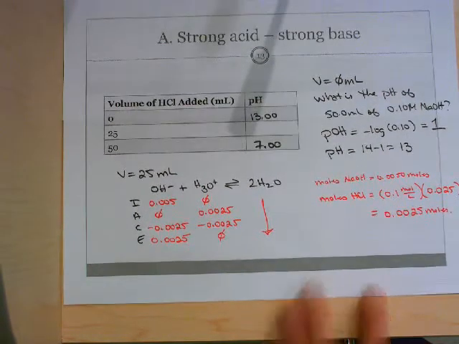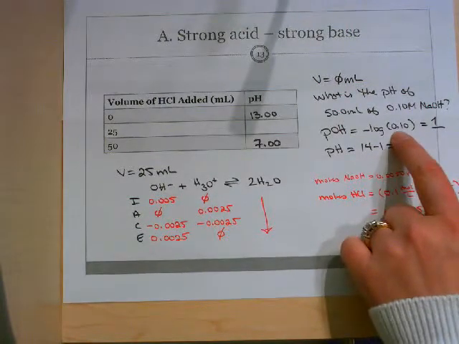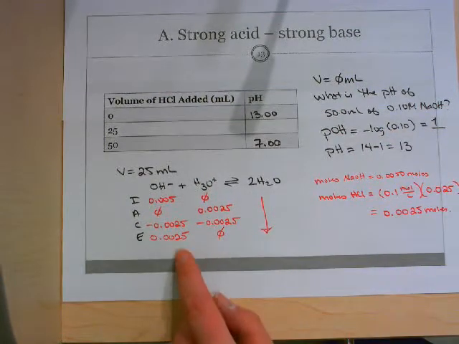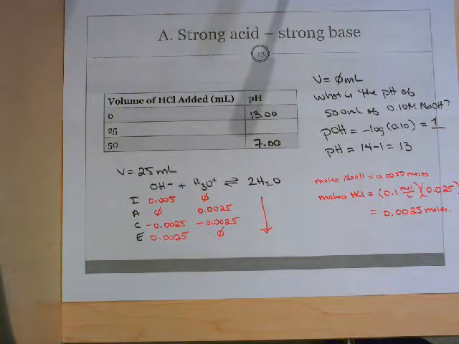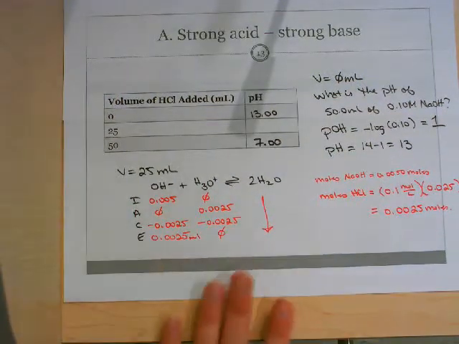Alright, so when we did finding the pH up here, what units is this in? It's 0.1. Molarity. What units is this in? Moles. Can I plug that in the pH right now? Alright, this is moles. Molarity is in moles per liter.